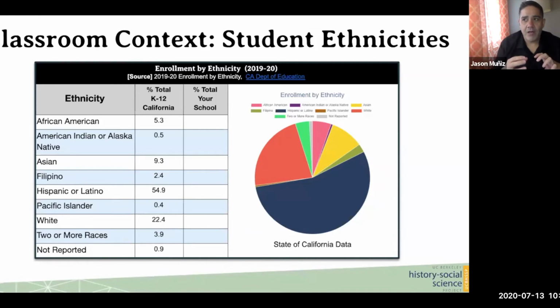But to have at least a beginning of an understanding of the context of our school, we should really think about the ethnic identities of our students as a first of many steps in naming different identity parts. So please, go ahead and fill those out for your school site on the chart that's there. And I'll give you all a few moments to do that. Resist the urge to scroll down and go far ahead. Please.